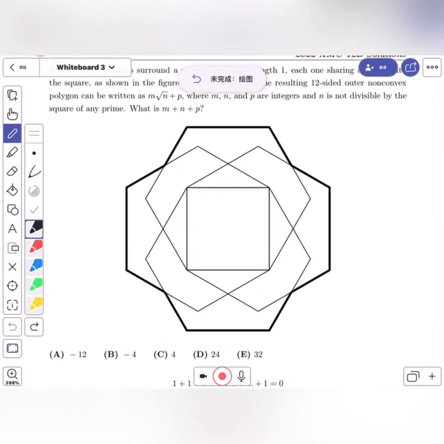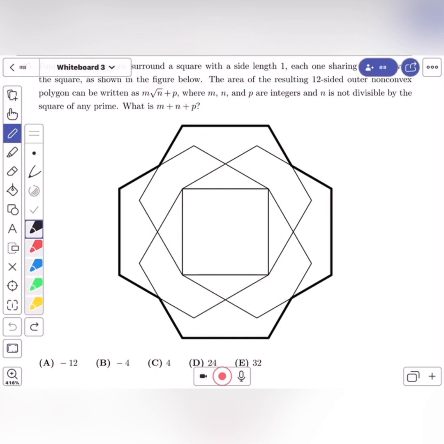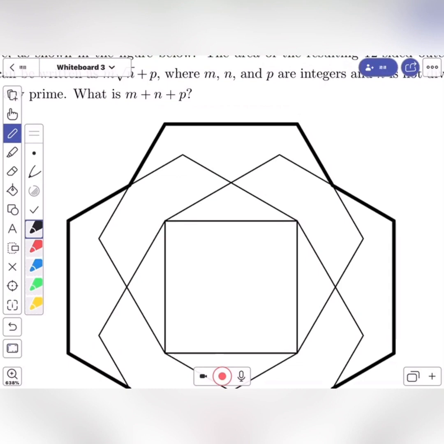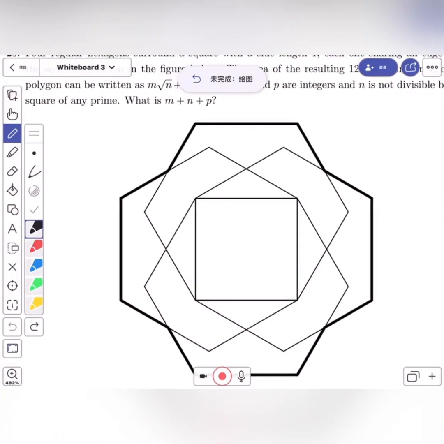Okay, but we know how to find perhaps the area of a regular 12-gon, but what about this? These lengths are not uniform, and we cannot even just draw angles. So how are we going to deal with that problem?